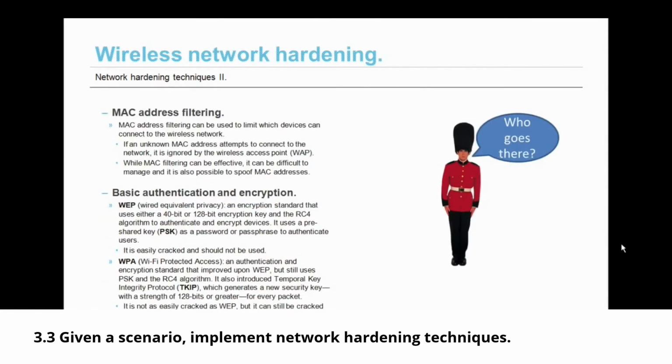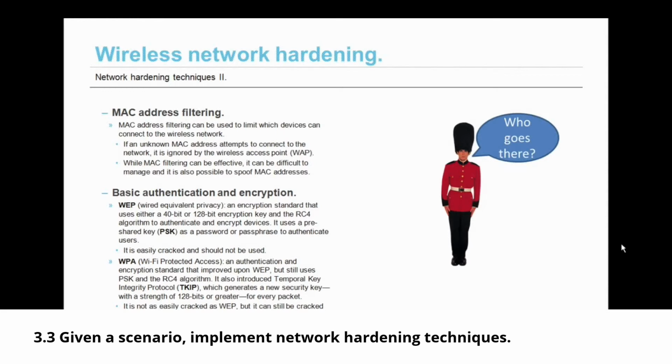One of the first techniques that you can use to harden a wireless network is MAC address filtering. MAC address filtering can be used to limit which devices can connect to the wireless network. If an unknown MAC address attempts to connect to the network, it is ignored by the wireless access point.